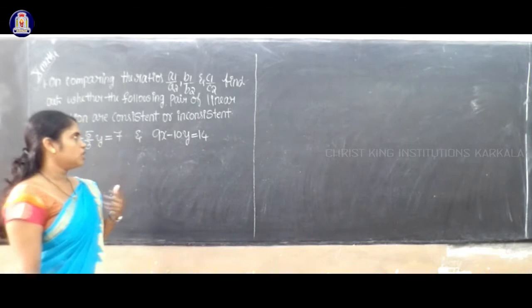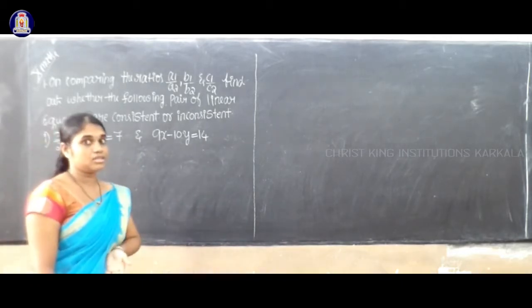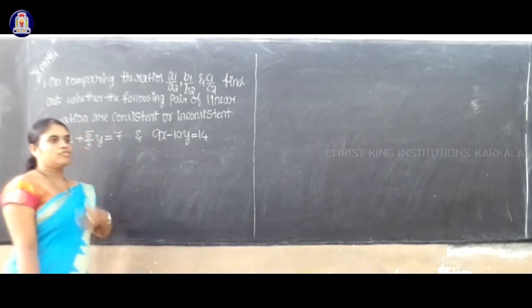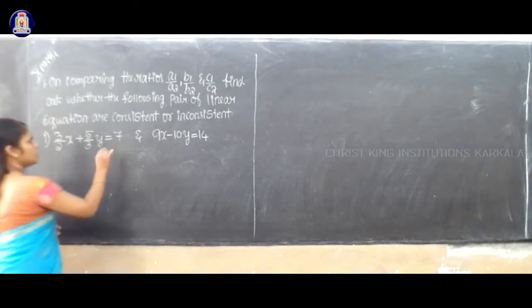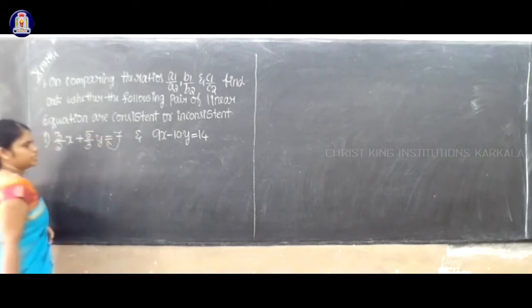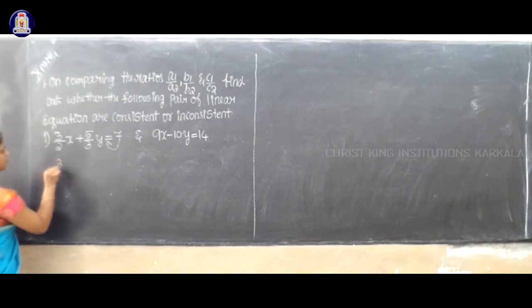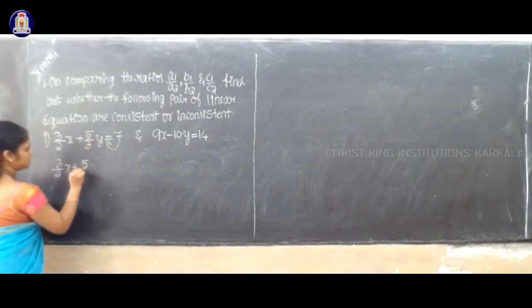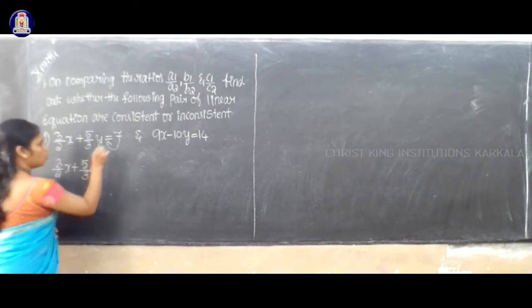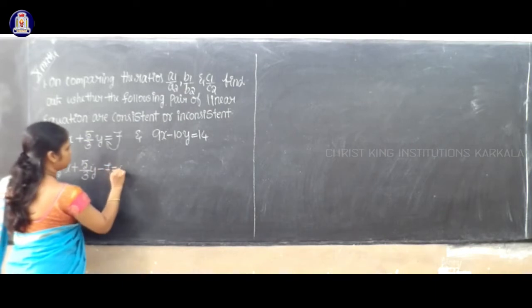Students, we have already solved questions related to consistent and inconsistent, so we'll solve a few more problems. First I'll shift this constant term to the left hand side. So 3 by 2 into x plus 5 by 3 into y, while the 7 comes to the left hand side, it will become minus 7 equal to 0.